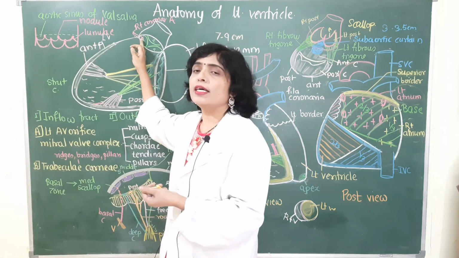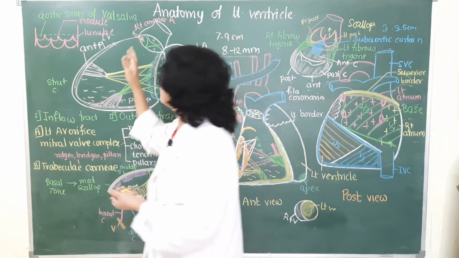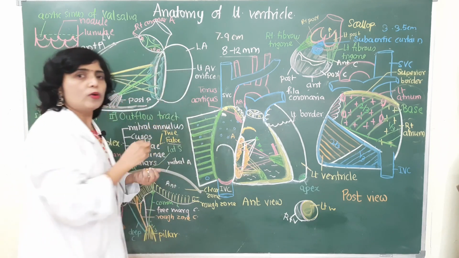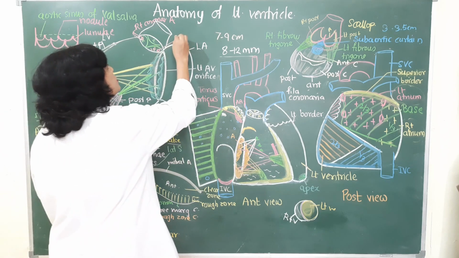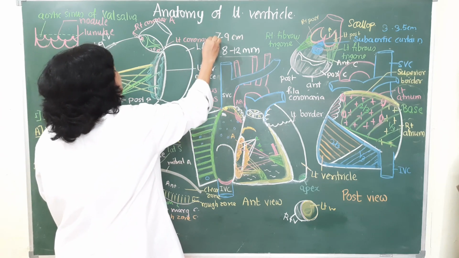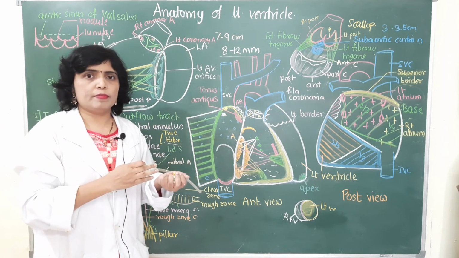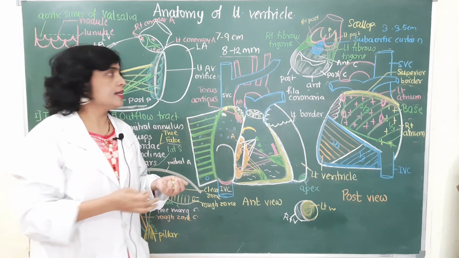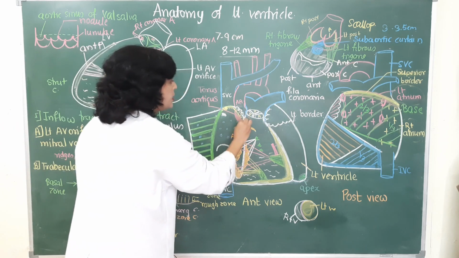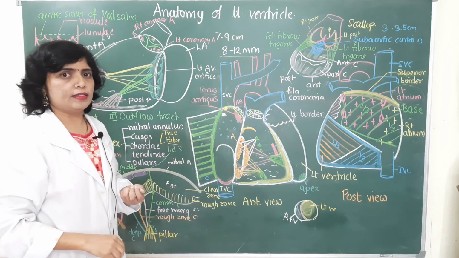So the opening of the right coronary artery is seen in this anterior aortic sinus. Likewise, you get one more opening in the left posterior aortic sinus, which gives origin to the left coronary artery, while the right posterior aortic sinus is a non-coronary sinus because it doesn't give origin to any coronary artery, and this right posterior aortic sinus produces the bulge in the right atrium which is called the torus aorticus.